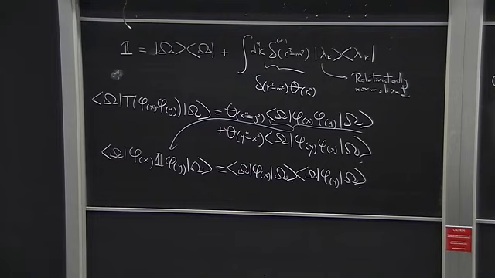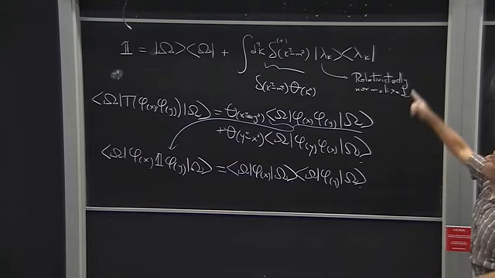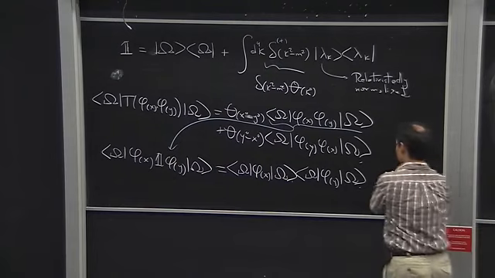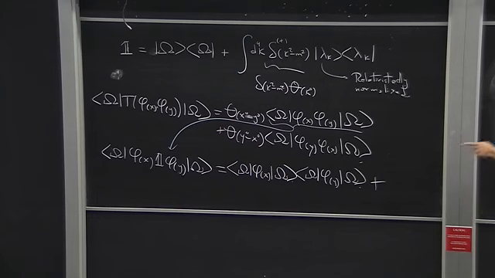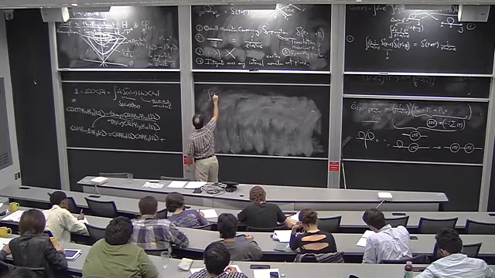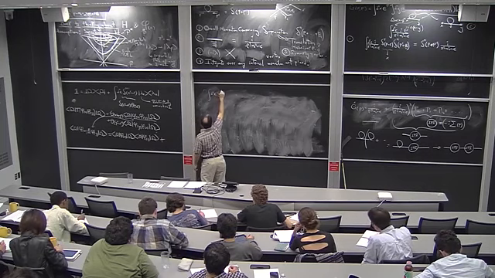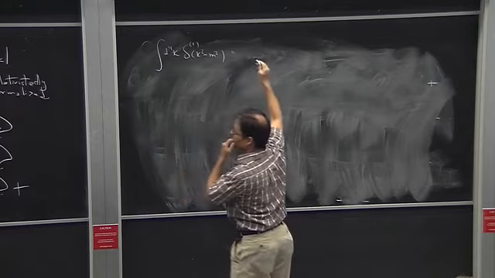Just 2 more minutes, and we will get the conclusion we want to actually make use of our formula over there. So there is another term. The next term is an integral d^3k delta plus of k squared minus m squared.